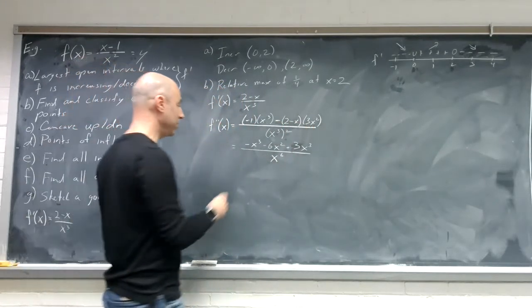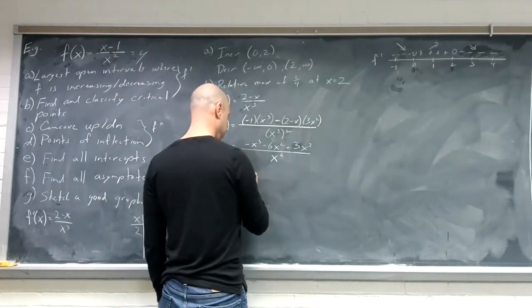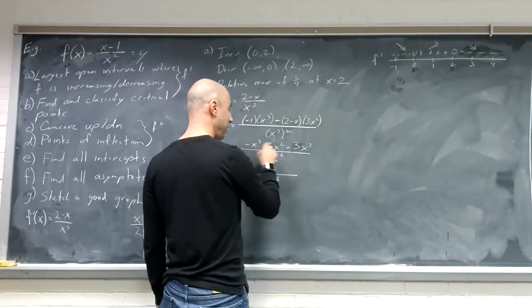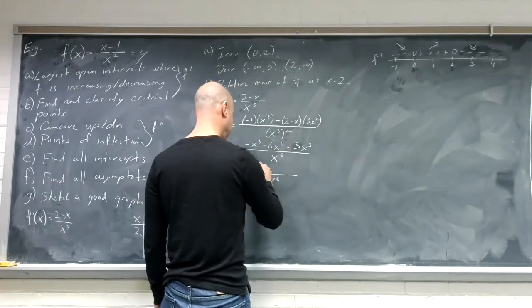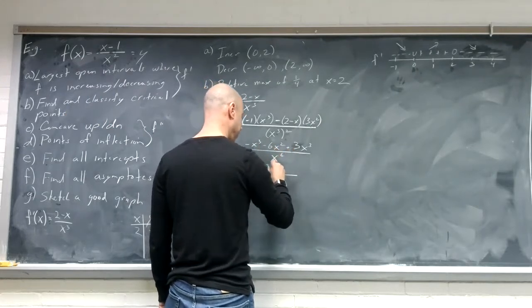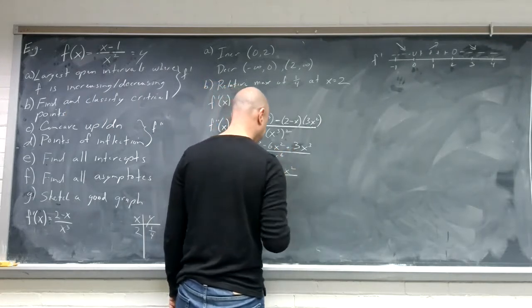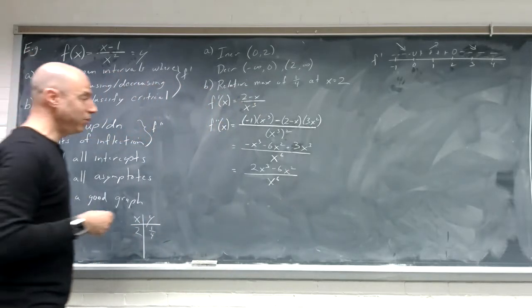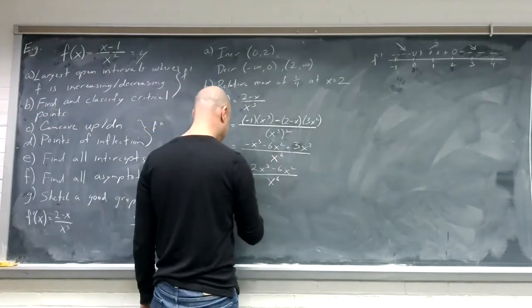We can collect up like terms. So we have a minus x cubed and a plus 3x cubed. That's 2x cubed minus 6x squared. And to make my own life a little bit simpler later, I am going to simplify this a little bit right now.